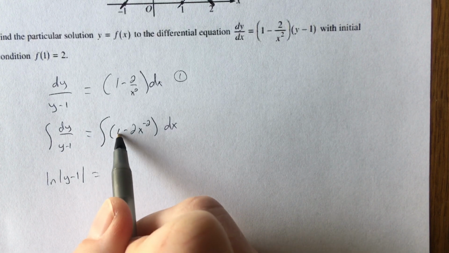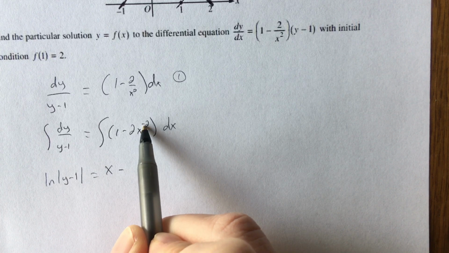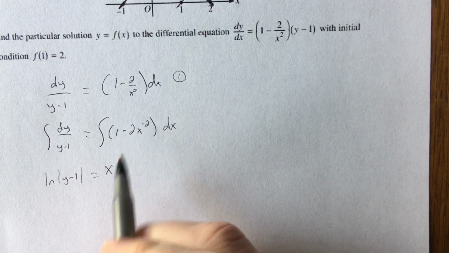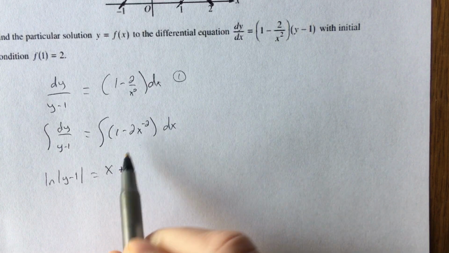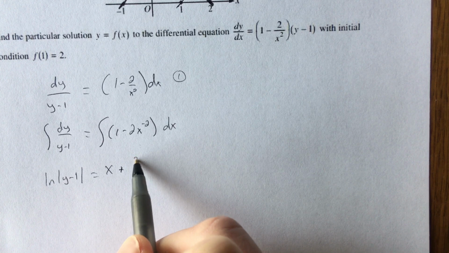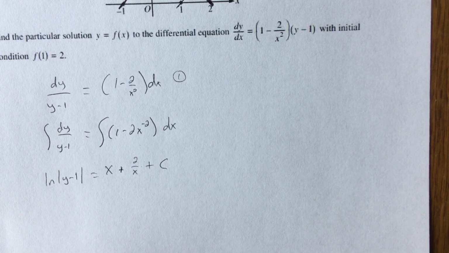And then over here, the integral of 1 is x, and then this is going to go x to the negative 1 over negative 1, so that negative 1 and this negative can make this a positive, and it'll be 2x to the negative 1, which really is the same as 2 over x. And I'm going to write it like that so that it's a little easier to find out what c is.